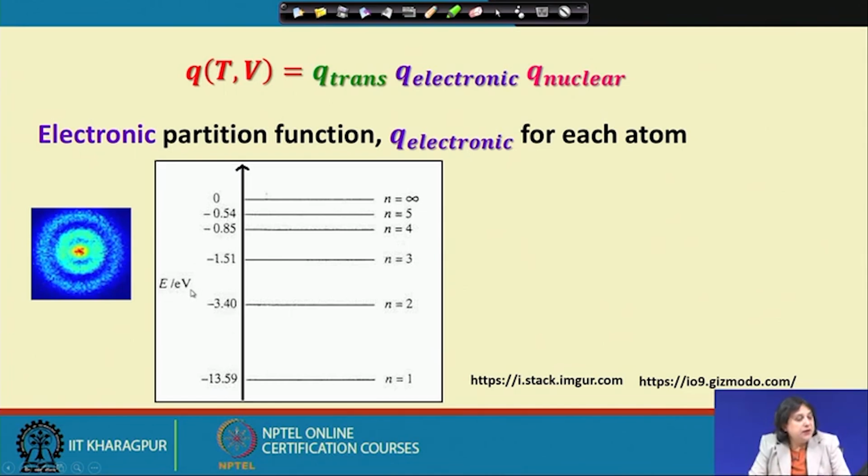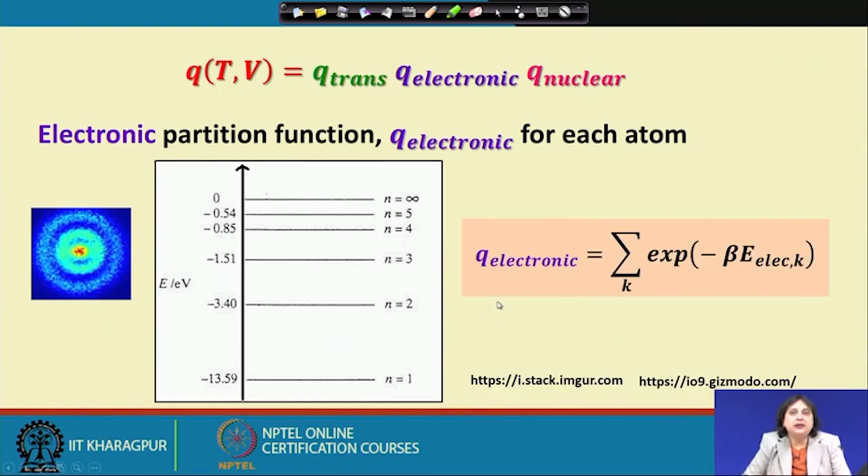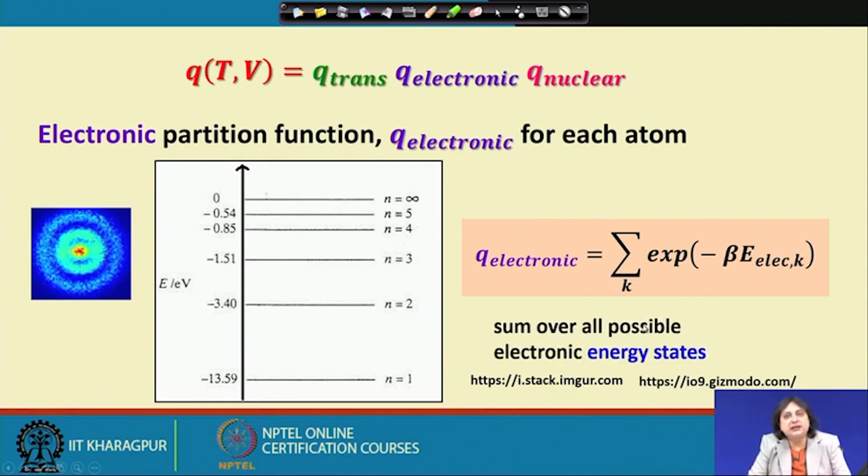Now, if I want to find out the electronic partition function, I must write it like this. By definition, q electronic is the summation over all possible electronic energy states, which I represent using this index k, and this summation is carried out over the exponential function of minus beta times E electronic k, which gives me the kth energy eigenstate of the electronic energy of this particular atom.